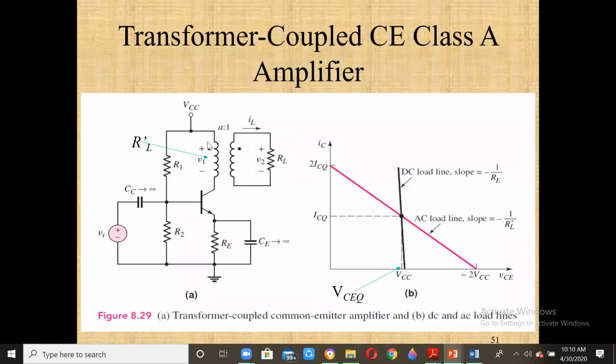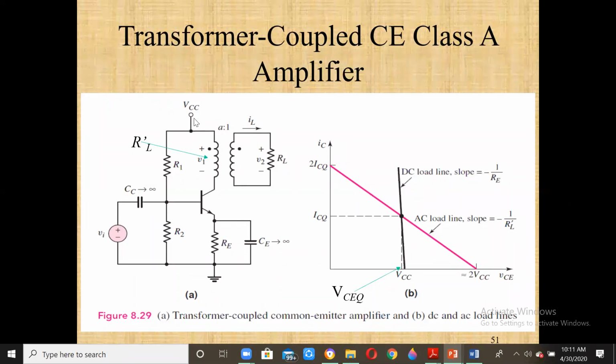In the output circuit, what do you have? You have the VCE, you have the resistance of this under the DC conditions, and you can neglect the resistance of the transformer and take only the resistance RE, and RE also will be very small. And since RE is very small, VCC by RE will be very, very large.